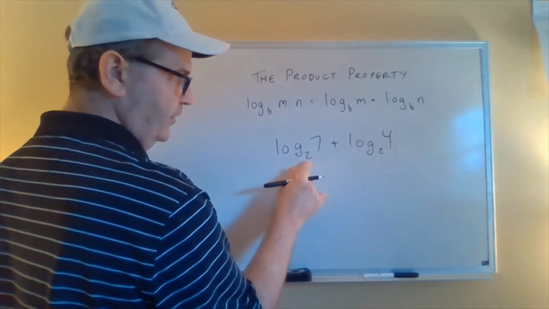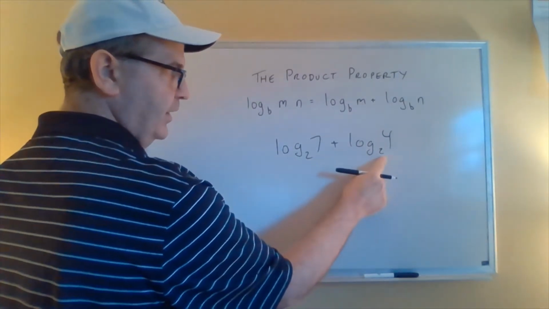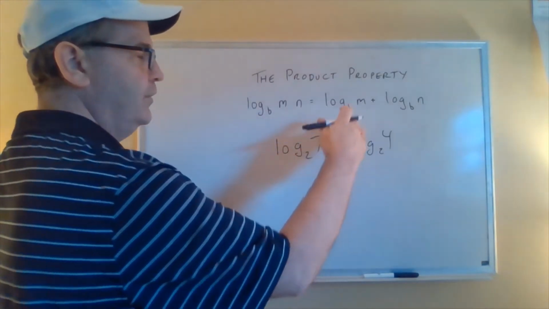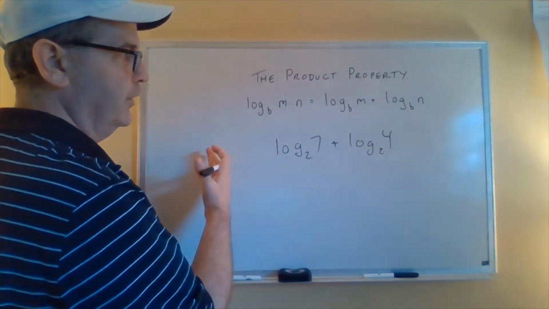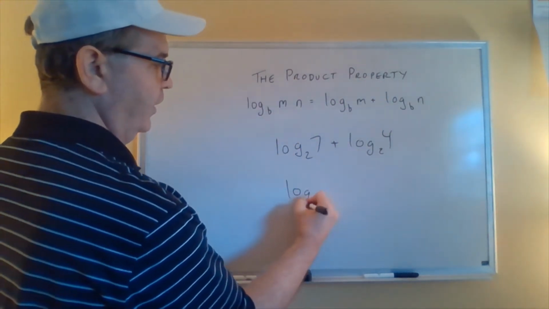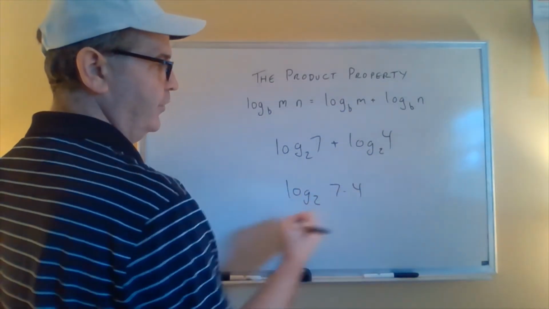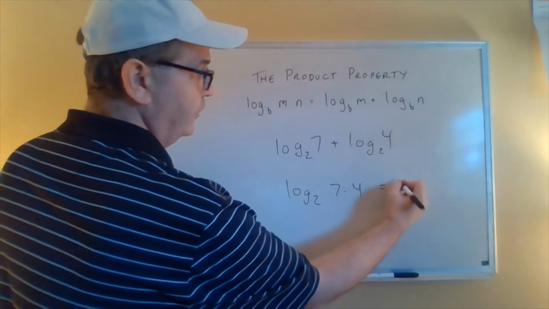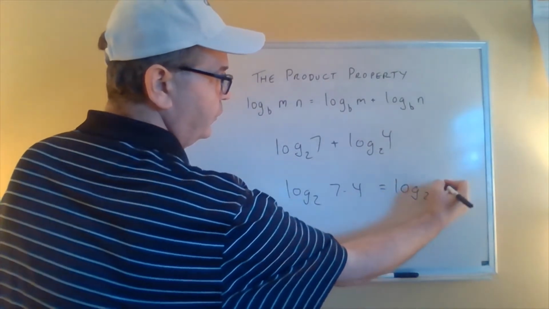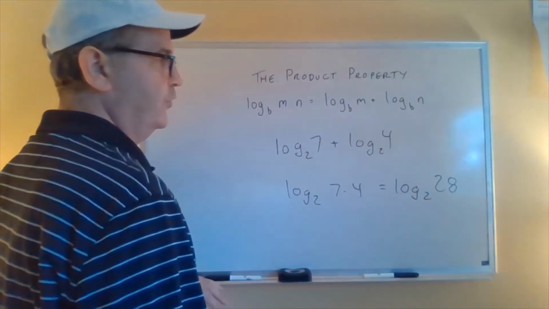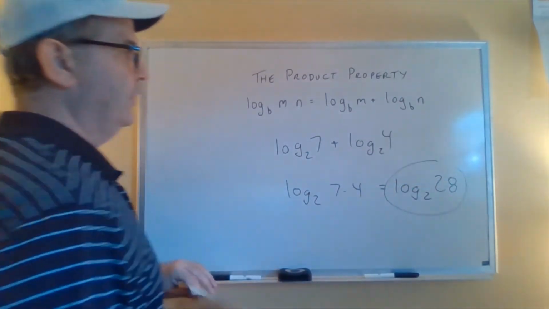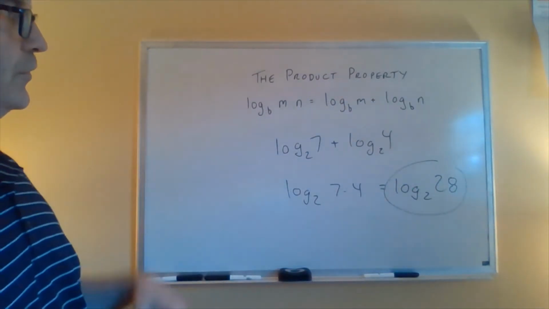Do we have the same bases? Yes, we have a base 2 here, a base 2 here. We have an addition problem, so we can use this product property in reverse. So we'll have a log still base 2, but this is now going to be 7 times 4, or that would equal log base 2 of 28. And that would be our answer if we were going to be combining these two using the product property.